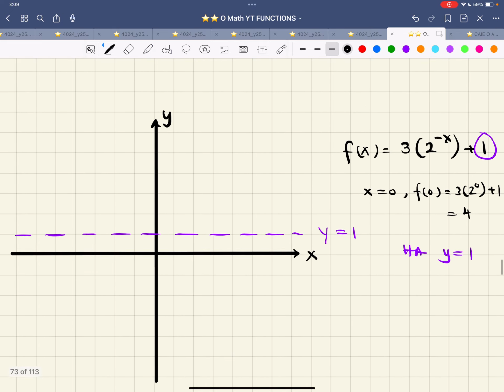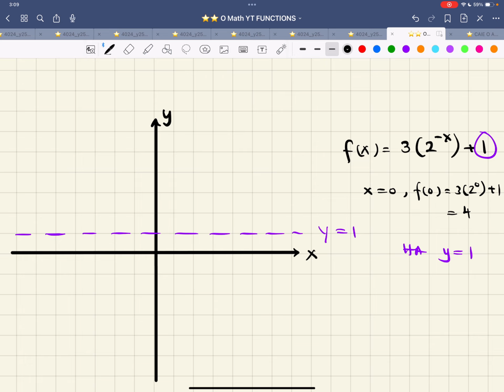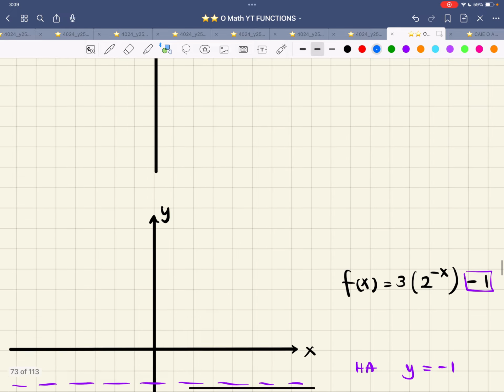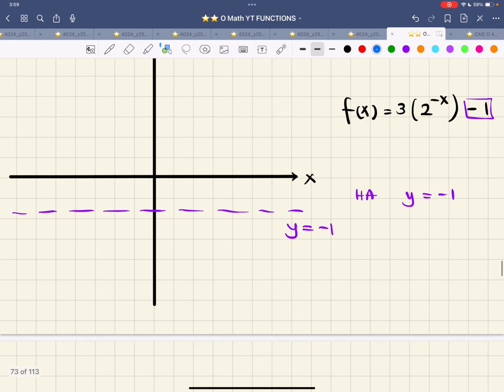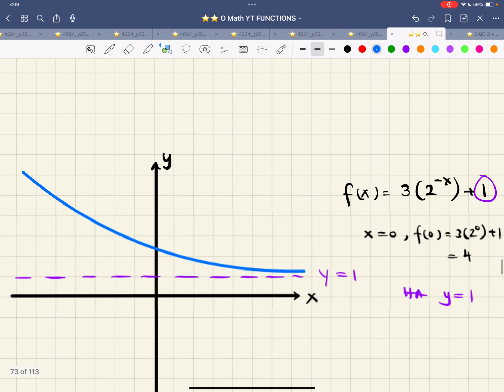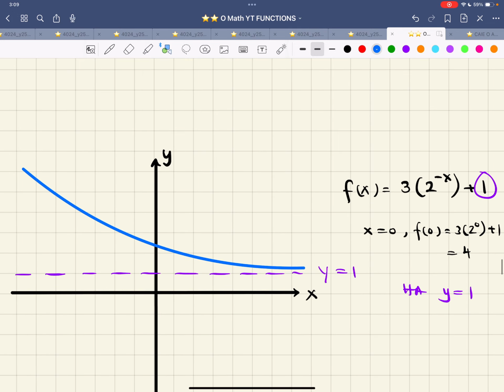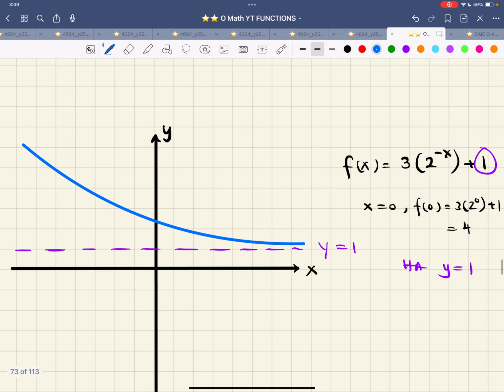Okay. So now 3 into 2 raised to power of negative x. Let me draw it in blue color, and it's coming like this. All good. And similarly, minus 1, this would be coming like this. So the y-intercept initially was how? 3 plus 1 is 4. So now the y-intercept, just do the calculation, that is (0, 4).